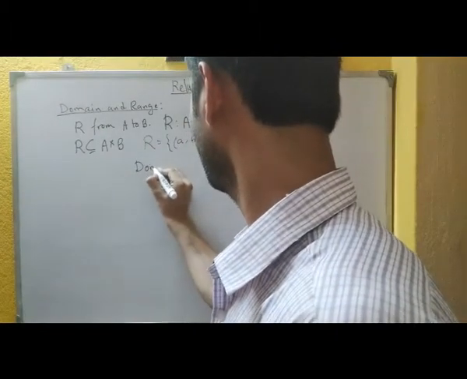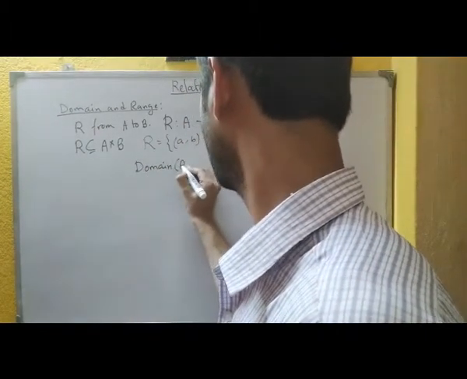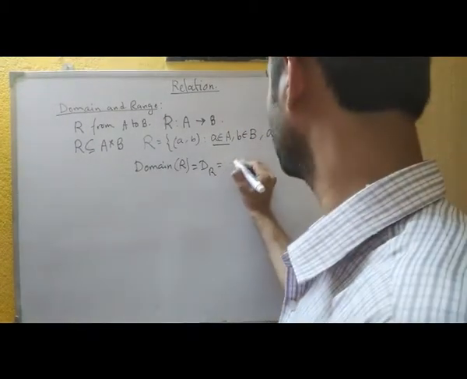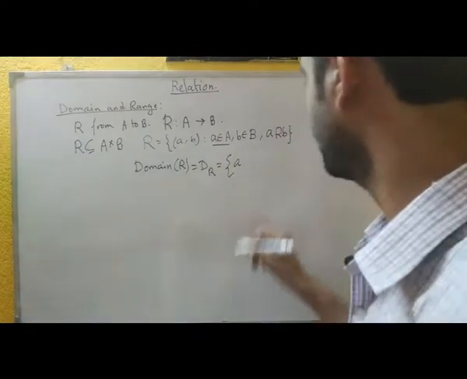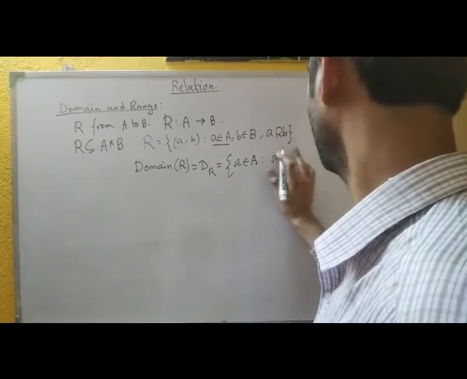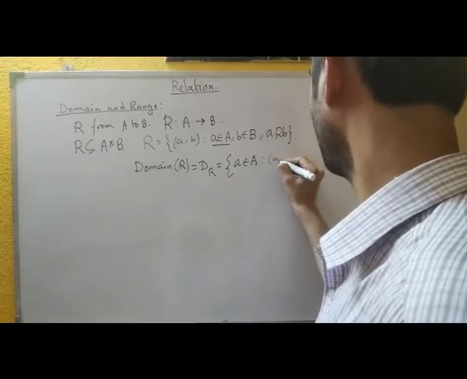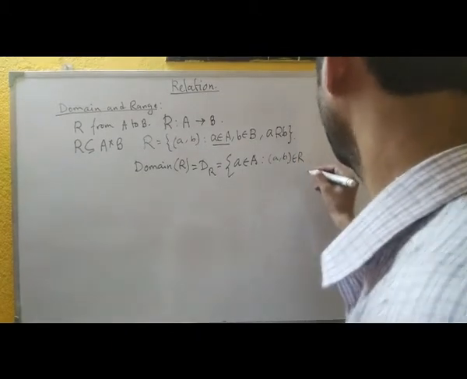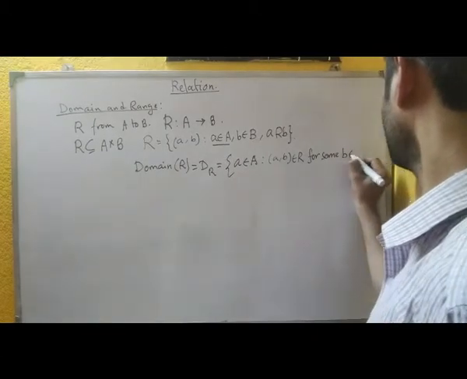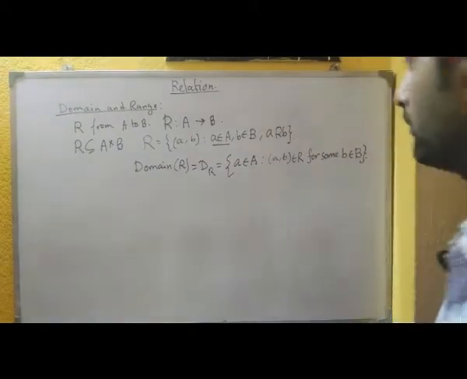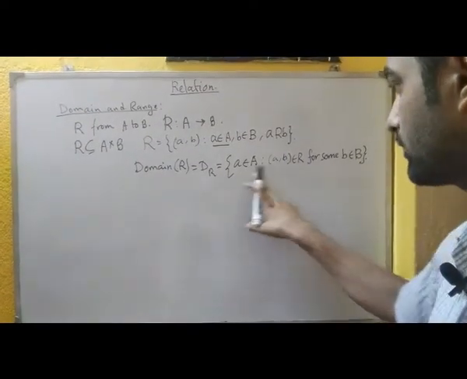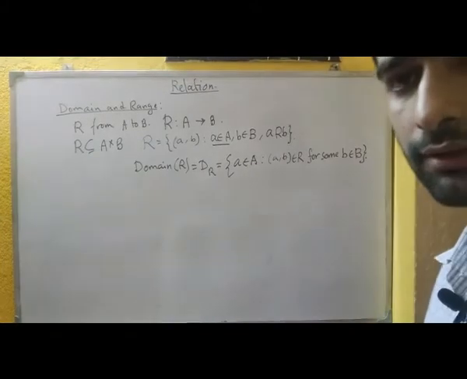So we formally write it like this: domain of R, or you can write it as D suffix R, is the collection of all these a belonging to capital A such that the ordered pair (a, b) belongs to R for some b belonging to capital B. So whenever a is related to some element of B, we call the collection of those a the domain.